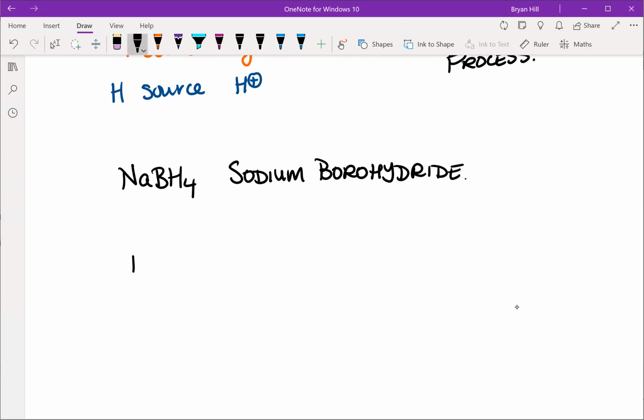So for this one, sodium is basically the cation, and BH4 is the anion, and technically the boron has got the formal charge of minus, but this is essentially a source of H negative.